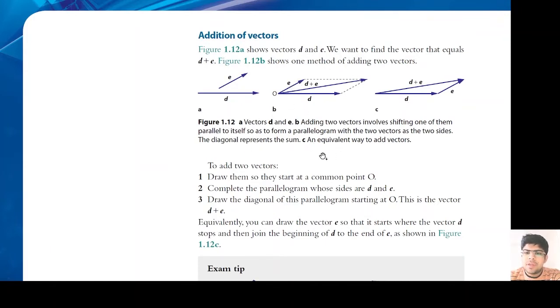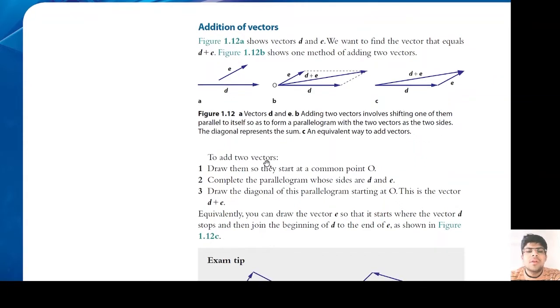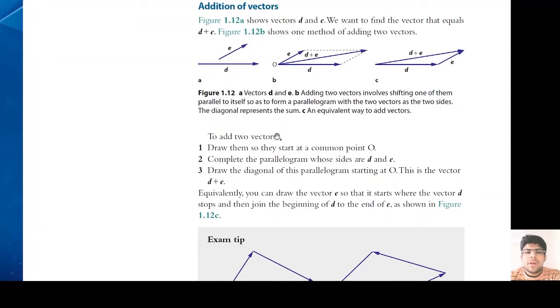In figure C, we can see an equivalent way to add vectors. To add two vectors, draw them so they start at a common point O, complete the parallelogram whose sides are d and e, and draw the diagonal of the parallelogram starting at O. This is the vector d plus e.